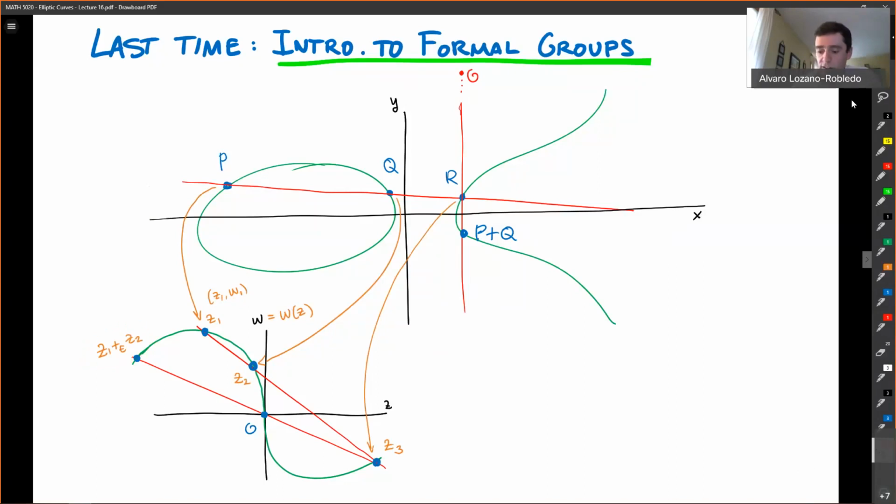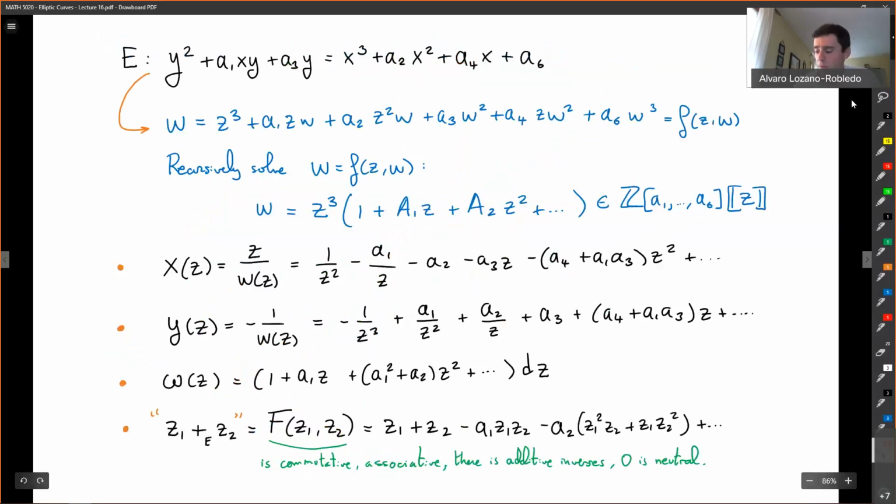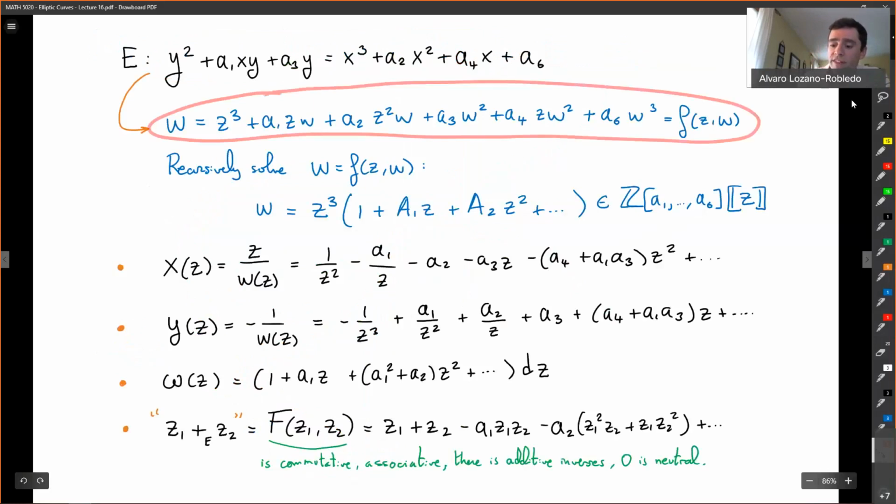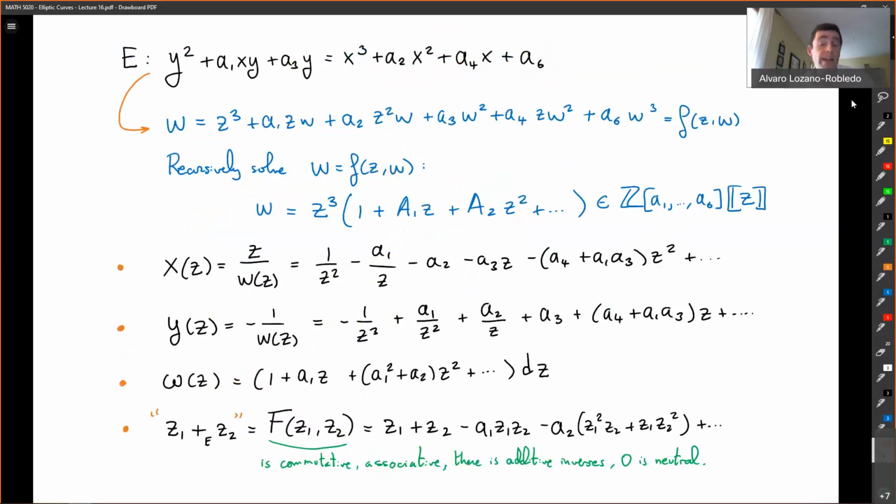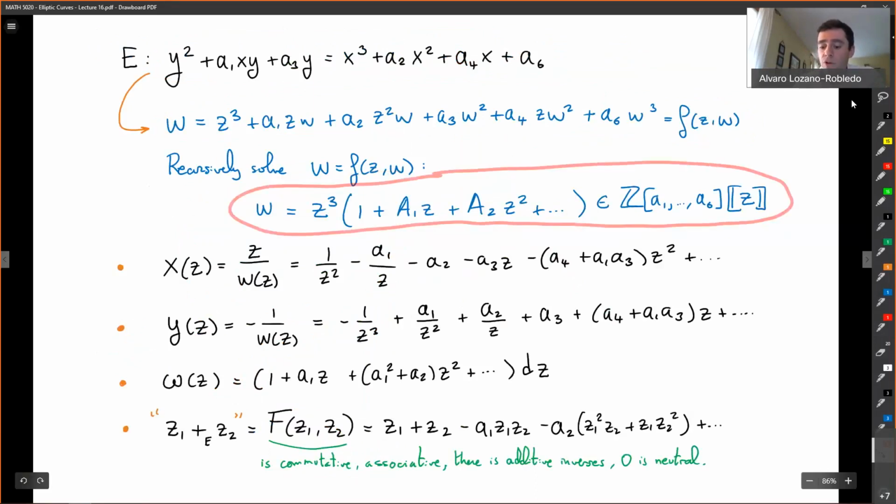We did this whole process last time, and what we did was start with an elliptic curve in our regular Weierstrass form, and then change variables to the ZW plane and recursively solve this equation. And by recursively, what we did was Hensel's lemma gives you that recursive solution, and that gave me a way to write W in terms of Z.